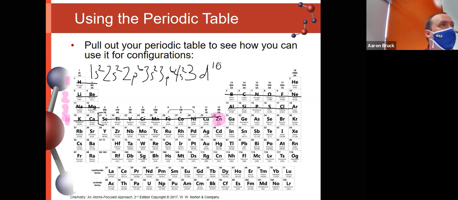So if I forgot somewhere along the line that the p sublevel has 6 electrons in it, I can remind myself of that by counting. 1, 2, 3, 4, 5, 6. 6 electrons in that block, 6 elements in that block, 6 electrons in that sublevel. The periodic table allows me to turn this into a counting contest as opposed to a memorization contest. And anytime I can turn memorization into counting, I know I'm on better footing in the end.